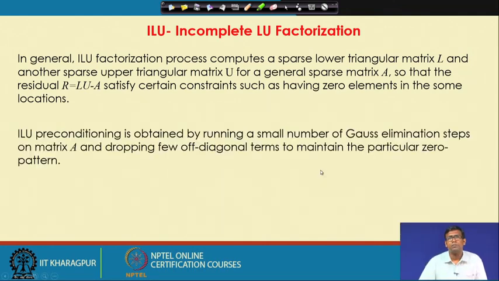ILU preconditioning is obtained by running a small number of Gauss elimination steps on matrix A and then dropping a few off diagonal terms to maintain a particular 0 pattern. We are not getting exactly the LU decomposition of A, but two matrices of L and U pattern, and A minus LU can have some error. If the exact LU is obtained, we do not need to do anything, the solution is obtained, M inverse A is equal to identity.